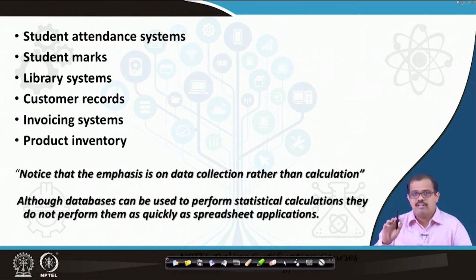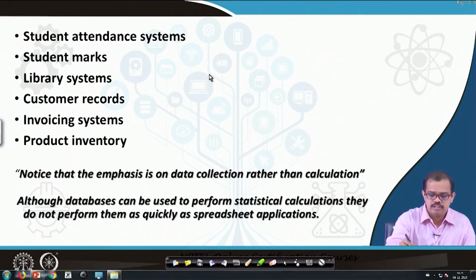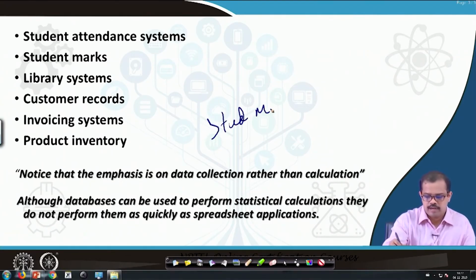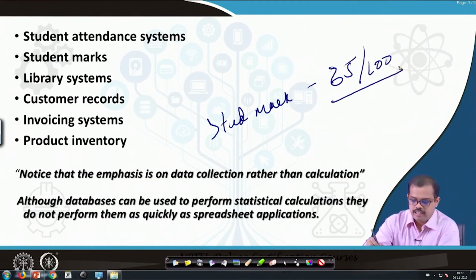If it was on calculation, for example, student marks, if you are just storing the student marks as, okay, 65 overall on 100, let us say, this is an overall mark and you don't need to do any calculations.